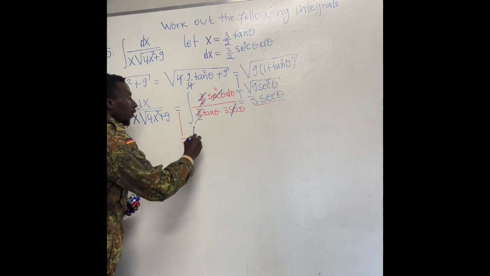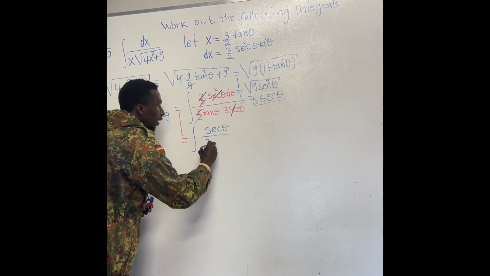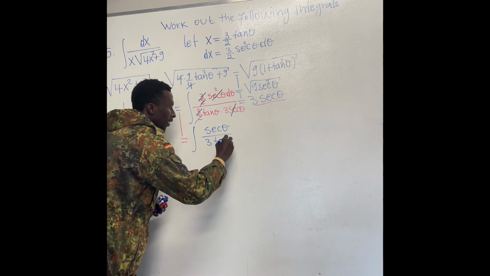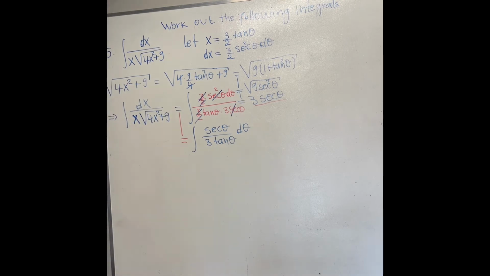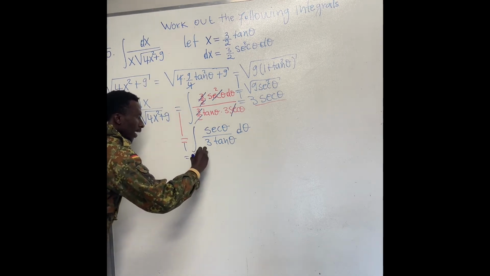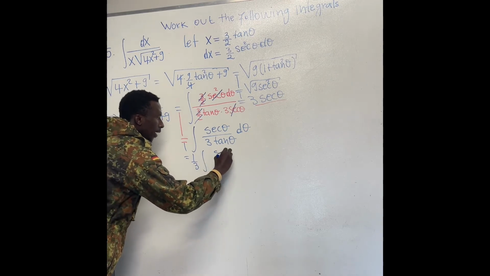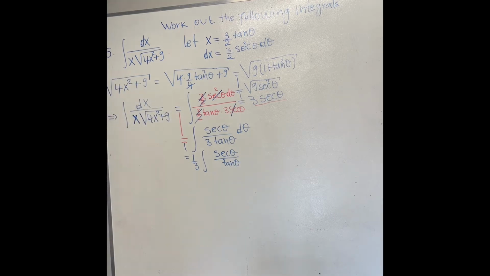So we are left with sec theta over 3 tan theta d theta. We are allowed to take out 1 over 3, and the integration just stays sec theta over tan theta. Now guys, check, there is the d theta there.